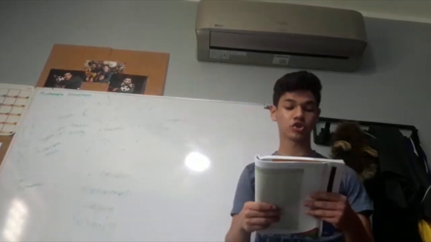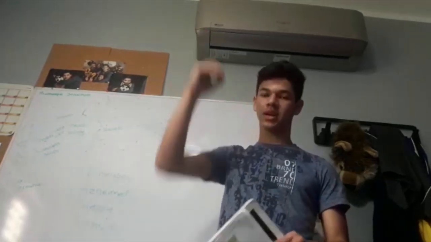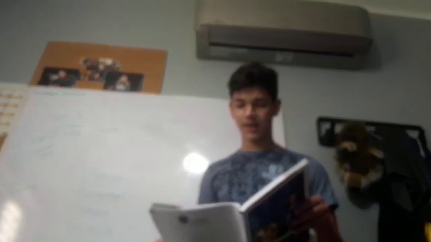For example, the somatotropic cell is conformed of somatotropin or growth hormone, and its function is to increase the metabolism and stimulate the liver to release factors that stimulate bone growth, which means the growth of a person. And well, that's it about the endocrine system.